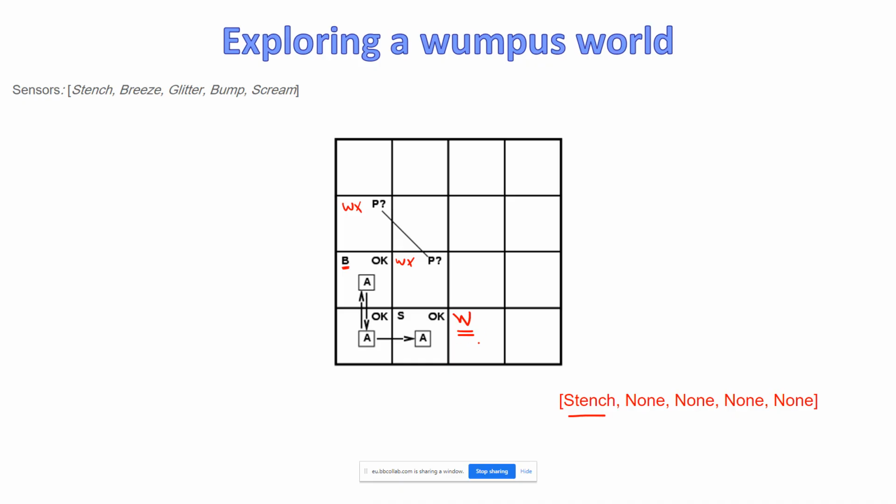We can kill it, but why do we need to kill it now? There's no reason for killing it, because killing it means we will lose 10 points. If we need to later, we might kill it, but maybe we will get around it and get the gold without shooting the arrow.